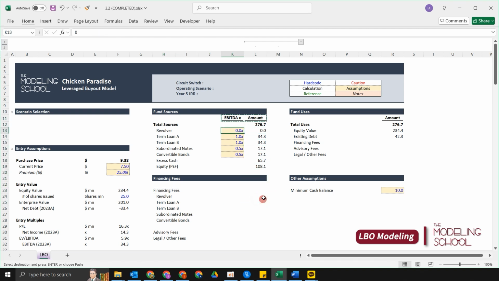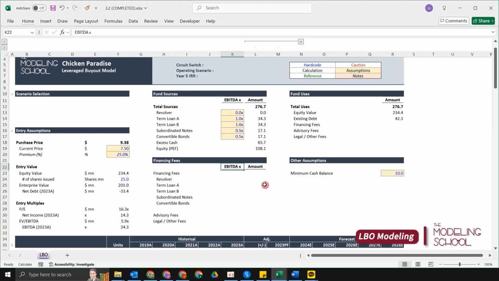Let's copy these two titles. And financing fees are usually calculated as a percentage of the total fee. So it's a percentage fee and the actual fee. We need a percentage assumption format for advisory fees as well.